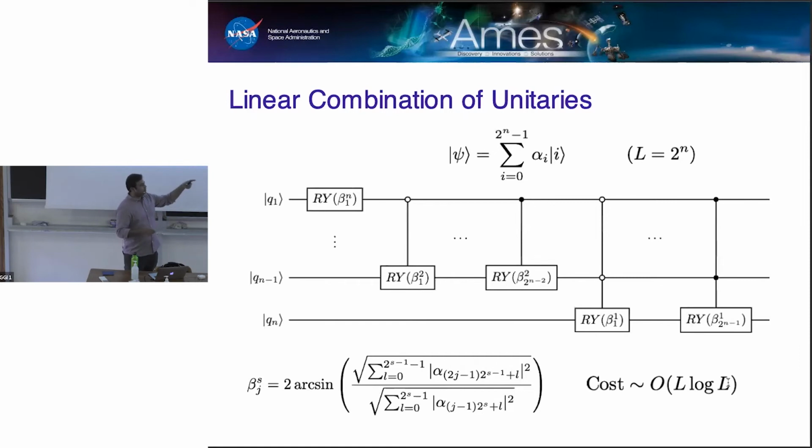And in general, whenever we apply a Y rotation on some qubit K, we actually apply different rotations conditioned on all the previous qubits being in some particular bit string.